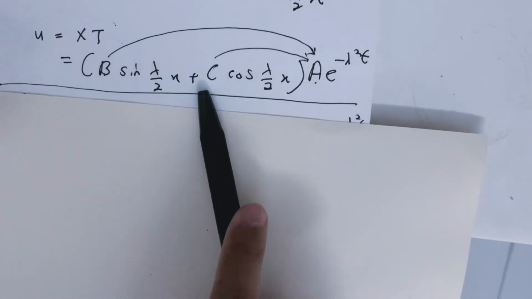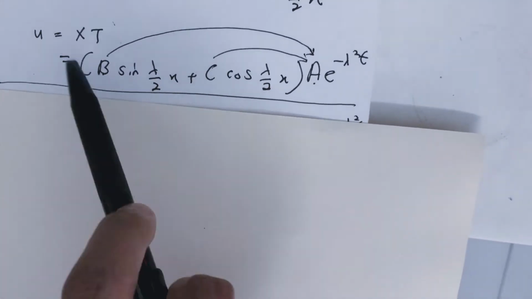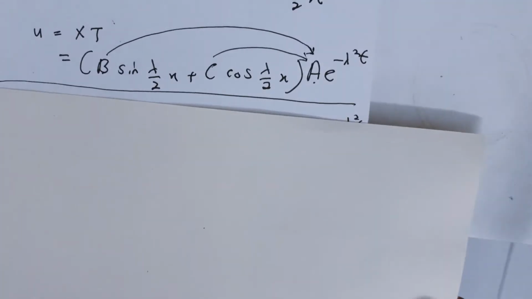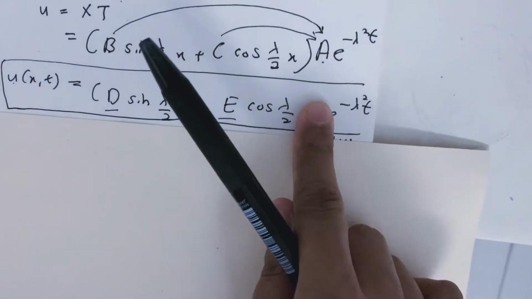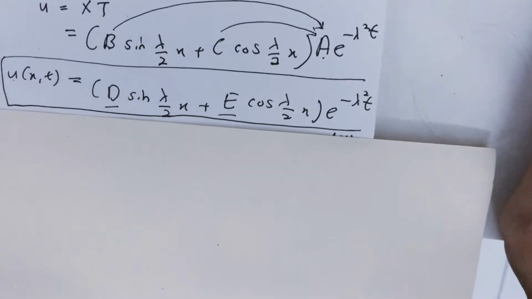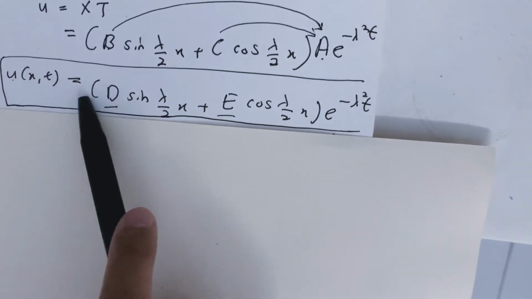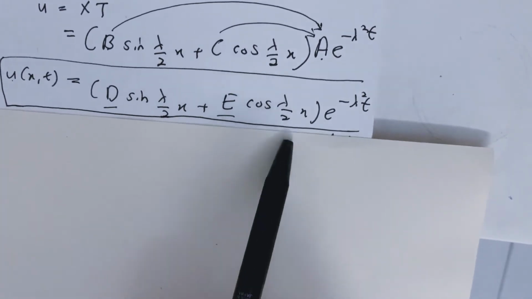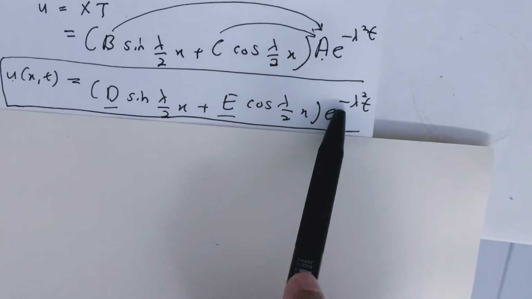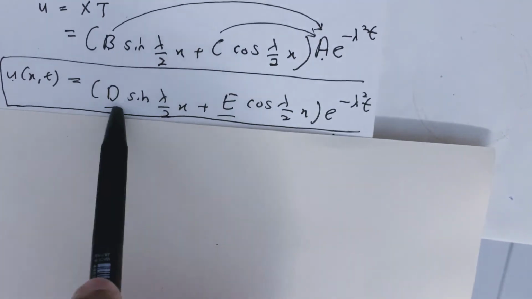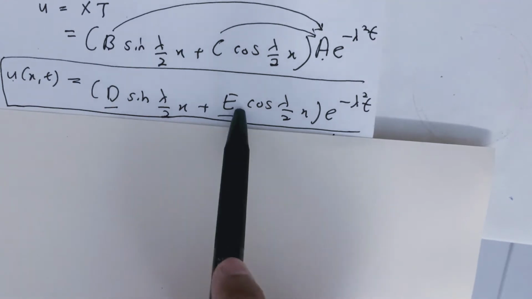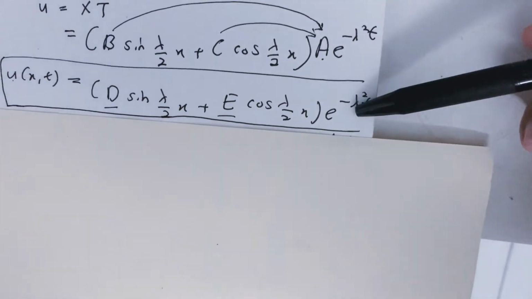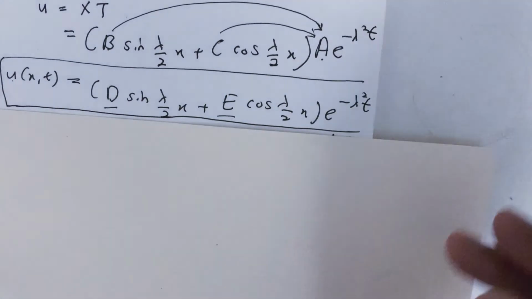For this one we're going to multiply the constant with another constant, so a constant times a constant can be another constant, which brings us to the final solution, u(x,t) equals d sine lambda over 2 x plus e cos lambda over 2 x, times exponent. So no more constant outside because we already multiplied it. So b becomes d and c becomes e, where d is b times a and e is c times a.